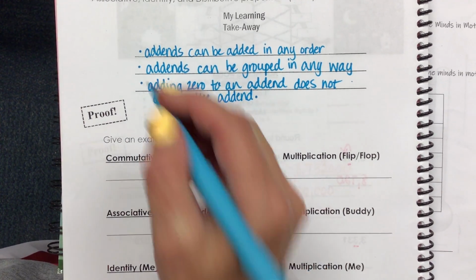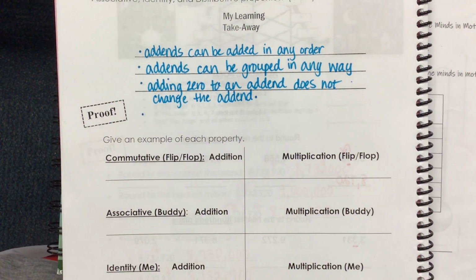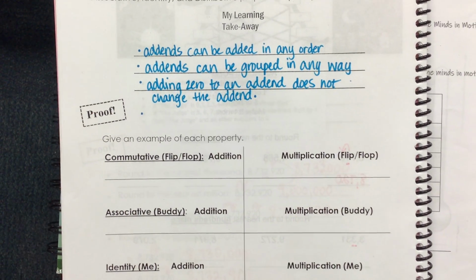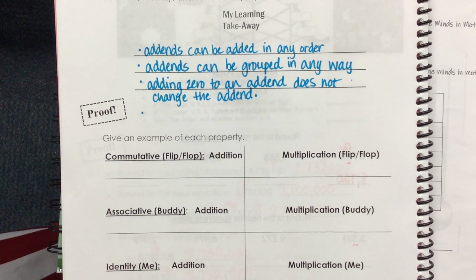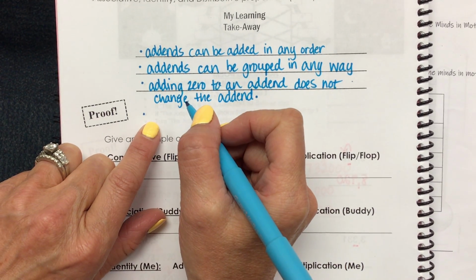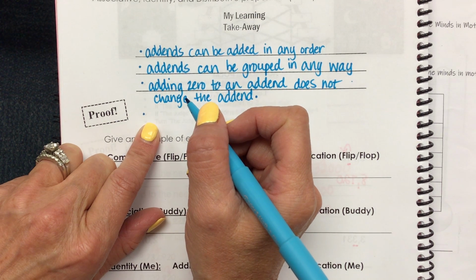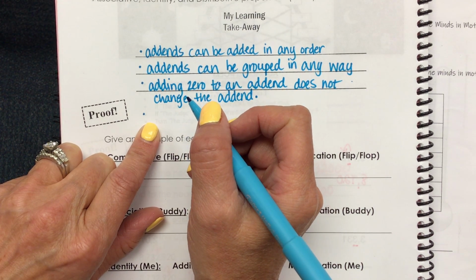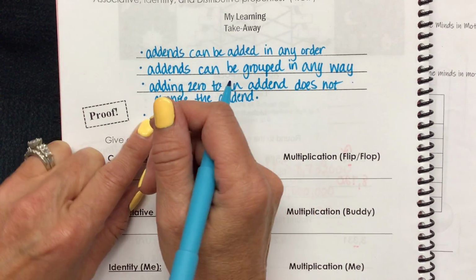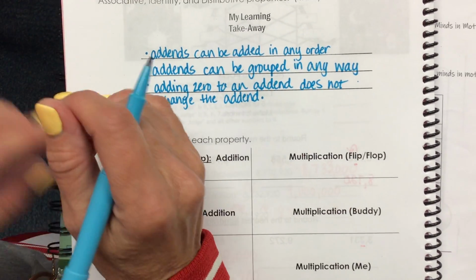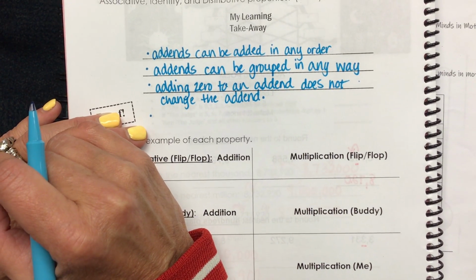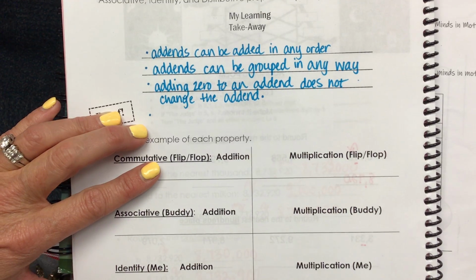And then the most important point here of all, why do the addition properties matter? Why do we care? Why do we use addition properties? Addie? True, but why is it important, Cordelia? It's important to know because we're going to have a test on it. No, that's not why it's important.